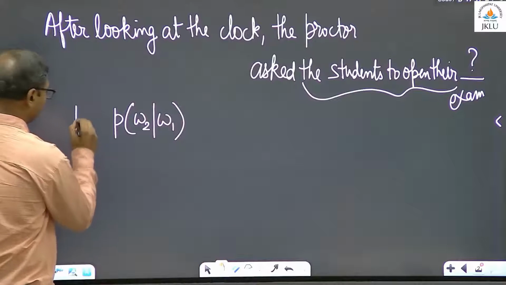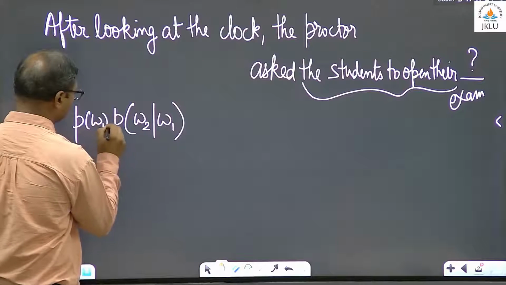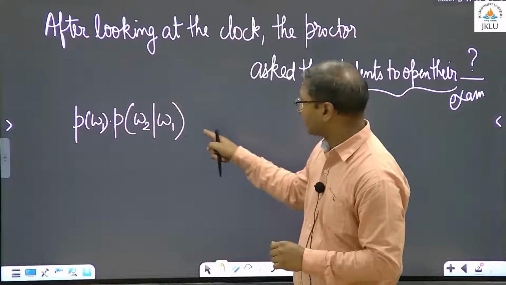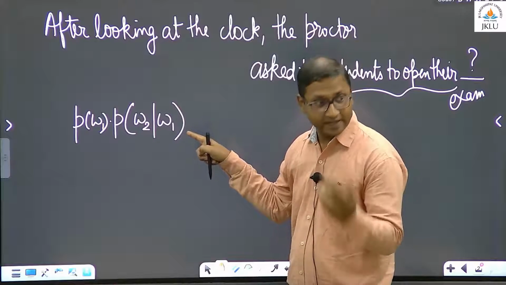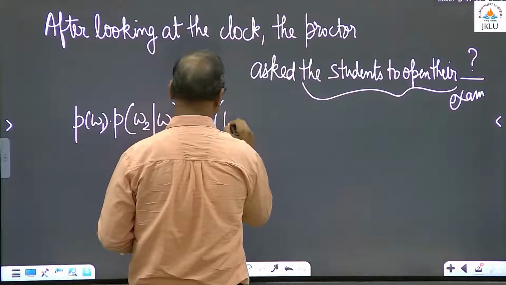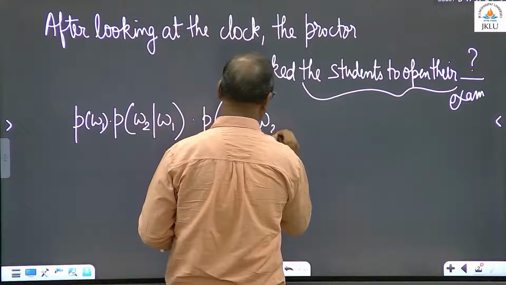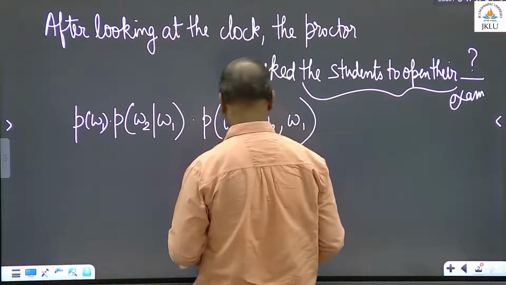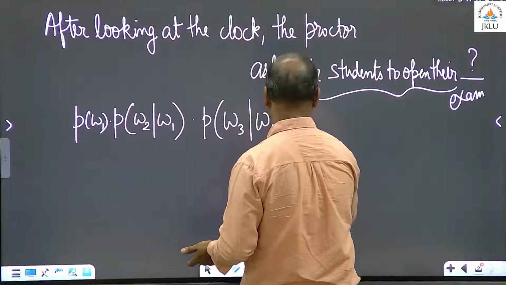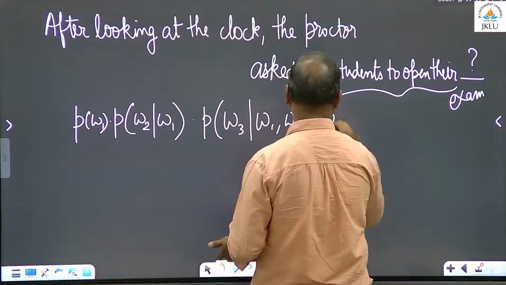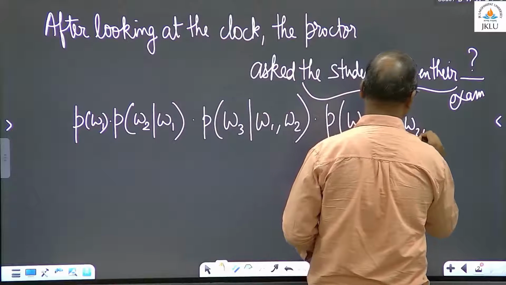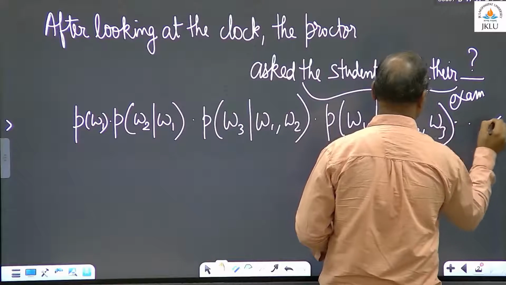The probability of first word multiplied with the probability of second word given first word, then the probability of third word given that first two words were this, W1 comma W2, then the probability of W4 given W1, W2, W3 and so on.